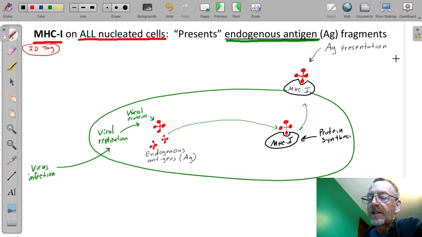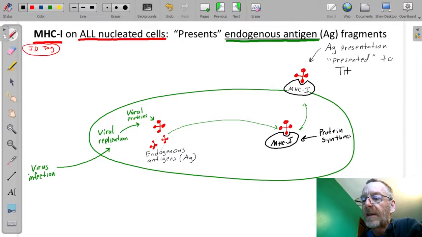So let's say that it is presented to T helper cells, I'll just abbreviate T sub H, and cytotoxic T cells that are wandering around, and they bump into the MHC1.